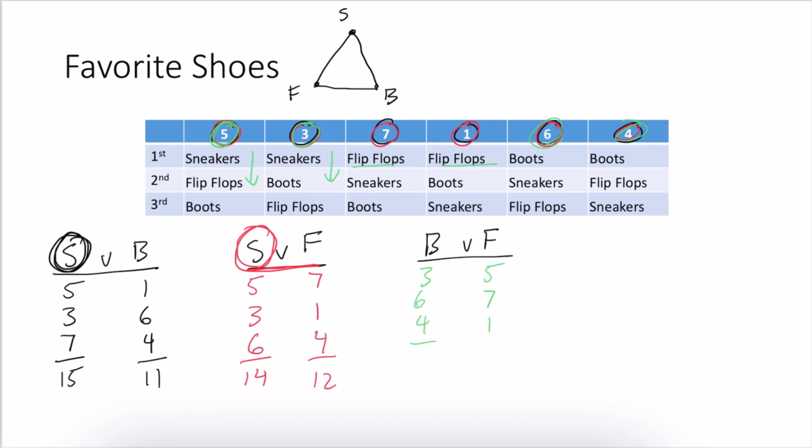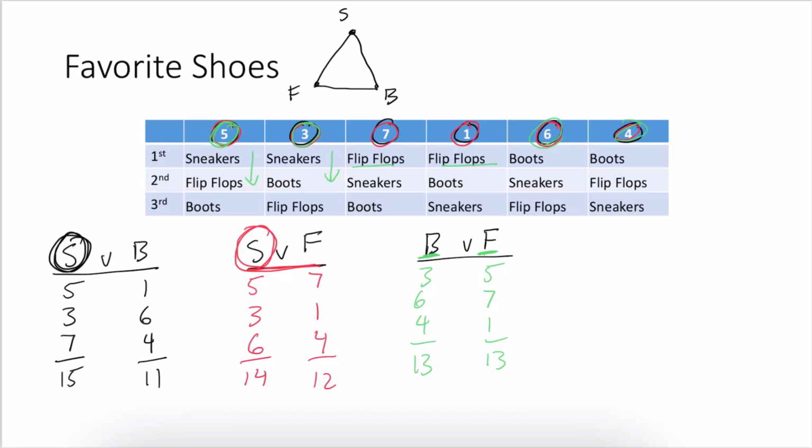When we add these up, 3 plus 6 plus 4 gives me 13. 5 plus 7 plus 1 also gives me 13. So in this case, this would be an example of one where these each get a half of a point. It doesn't end up making a difference in the final answer, but that's how you would calculate those points.